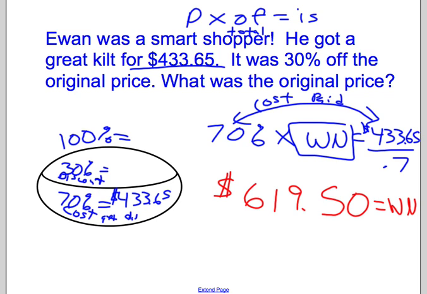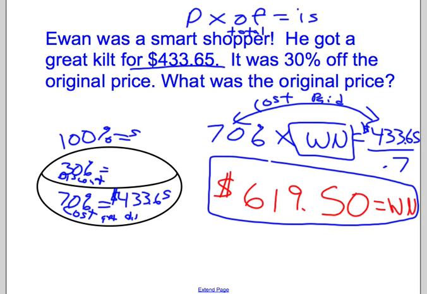So let's fill in the rest of our diagram now. This is the total. We all agree with that. So that's going to go here, $619.50. So, Brittany, how would I figure out what was actually discounted?